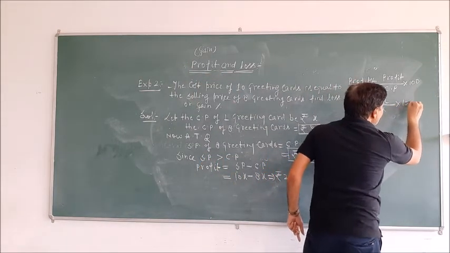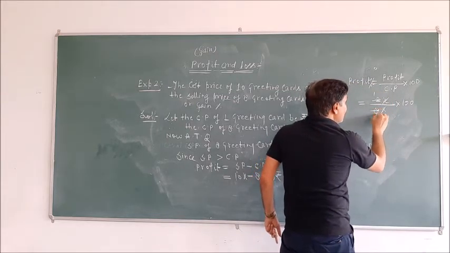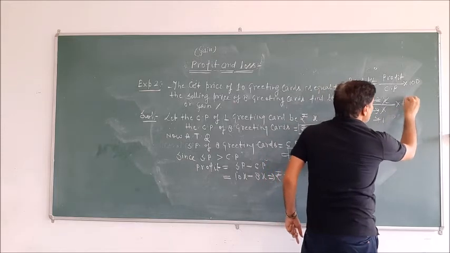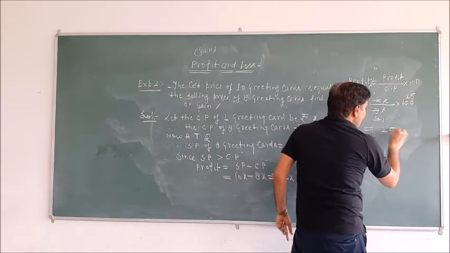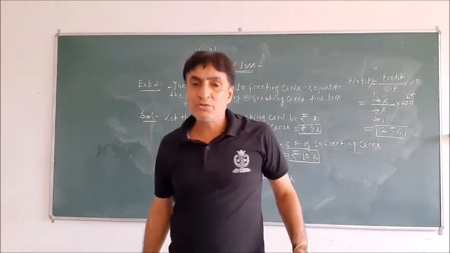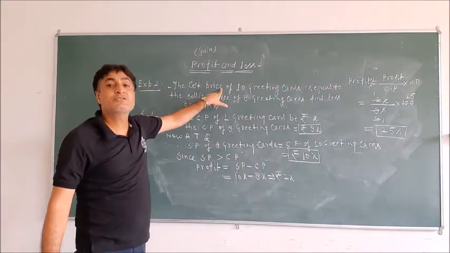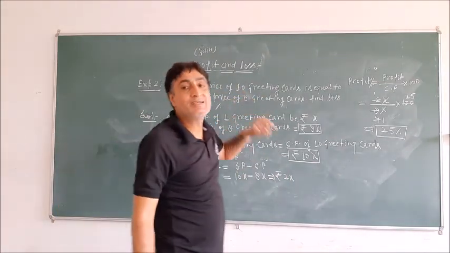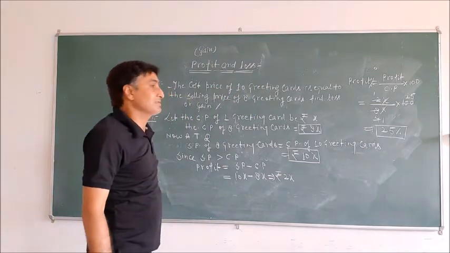This whole multiplied by 100. x and x cancel out, and this becomes 25%. It means if the cost price of 10 greeting cards equals the selling price of 8 greeting cards, then we have a profit of 25%.